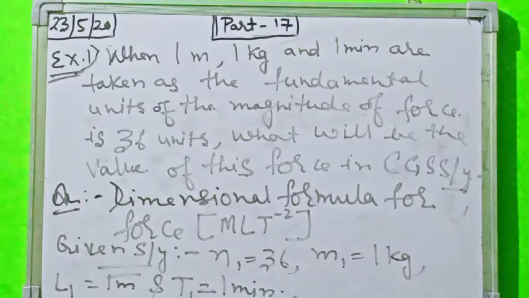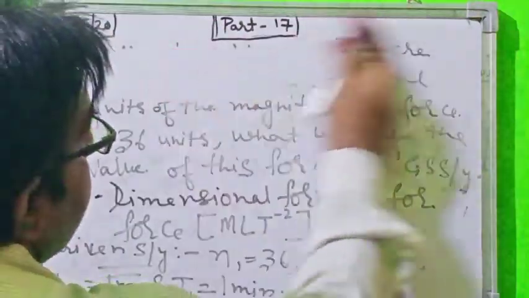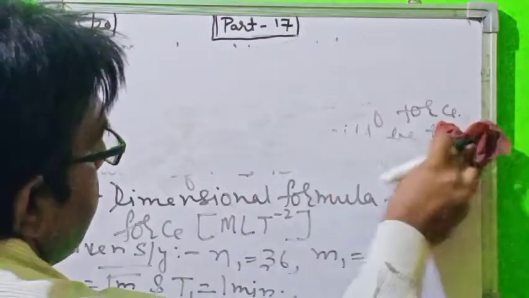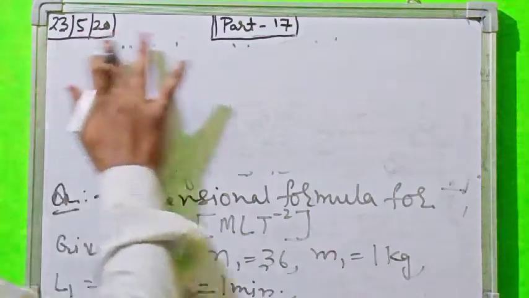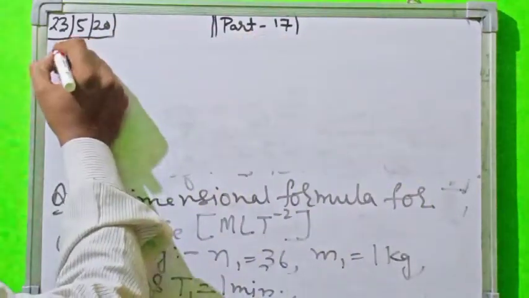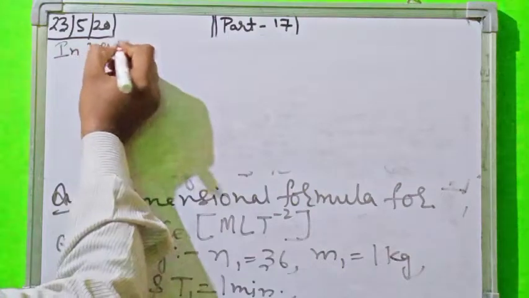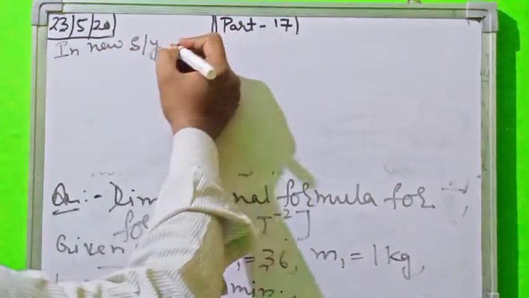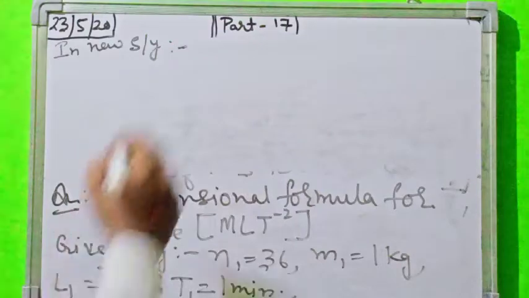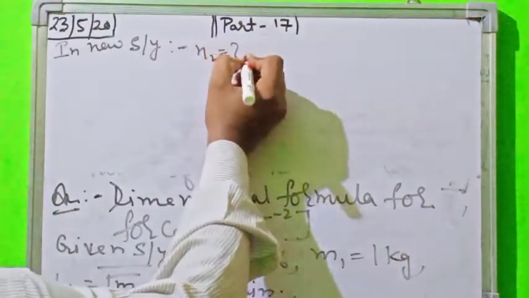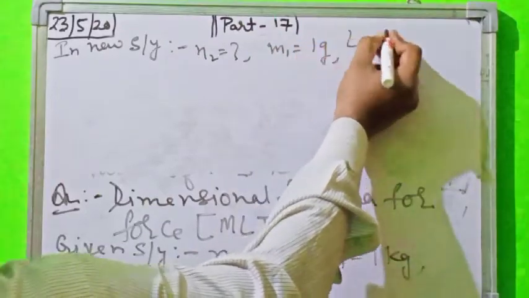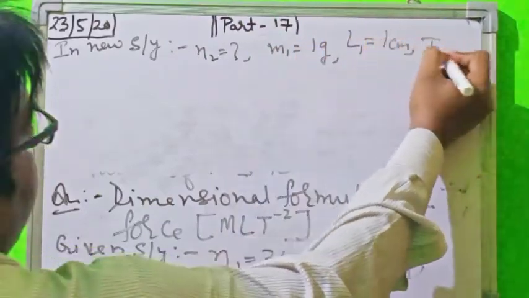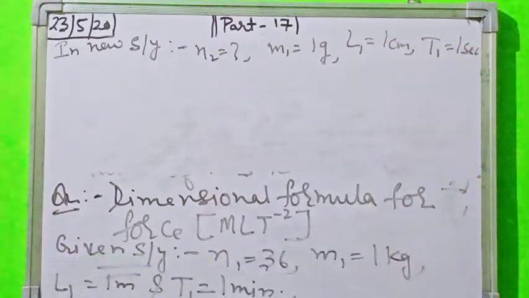And in the new system of unit, n2 is what we have to find. m2 is equal to 1 gram, L2 is equal to 1 centimeter, and T2 is equal to 1 second.